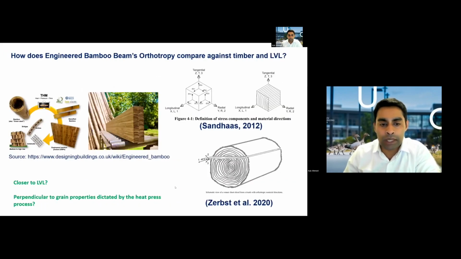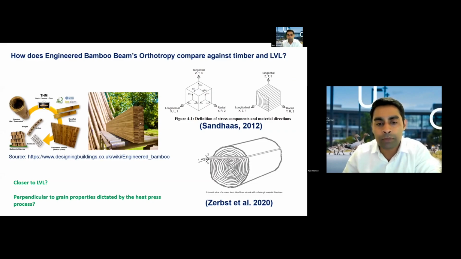If we look at the cross sections of the way engineered bamboo is made, I believe it could be a little bit simpler, because the small sections are cut and then added together, compared to LVLs, where you have multiple layers coming from different edge circles. So that means there is a weak point in between, because they are not consistent.